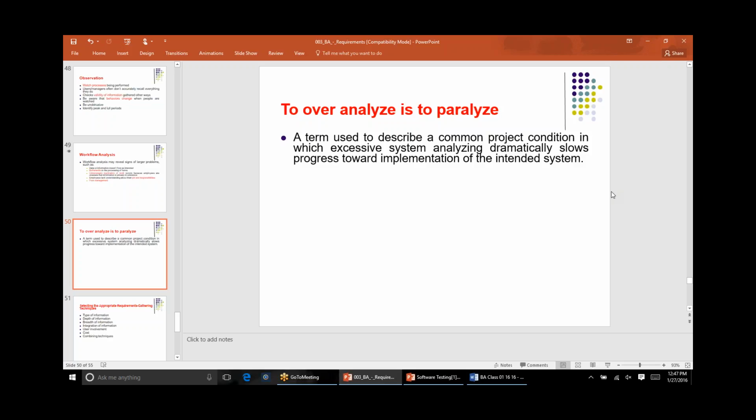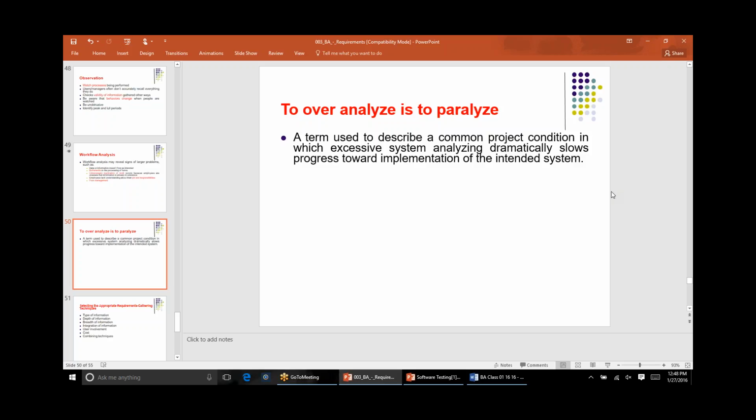So we need to use a common tangent to analyze properly, to analyze in detail, and also make sure that we are not over analyzing.